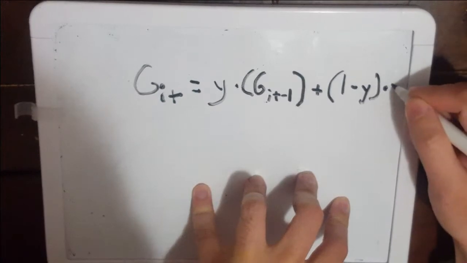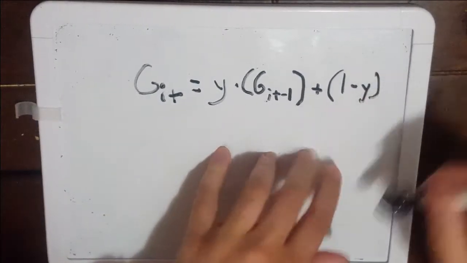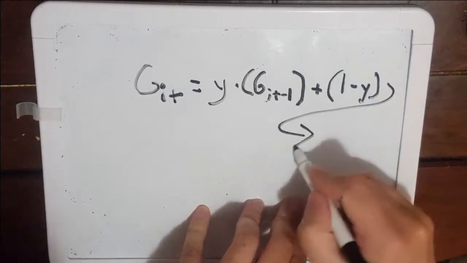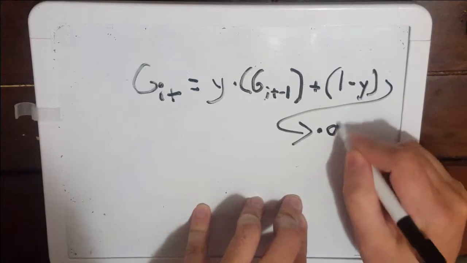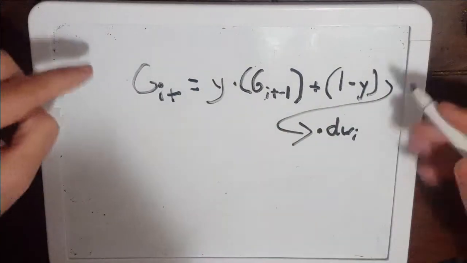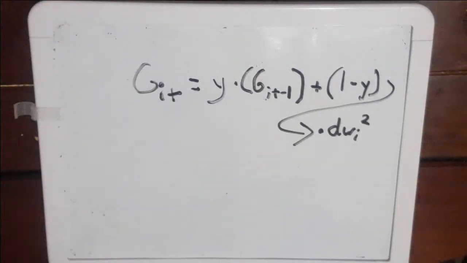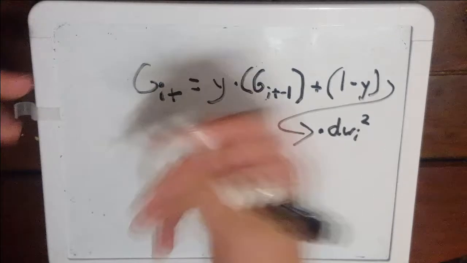So delta w i, sorry I ran out of room, dot multiplying delta weight at i. Oh sorry, we're going to square this as well. And this is what we're going to do instead of just doing the plus equals thing.